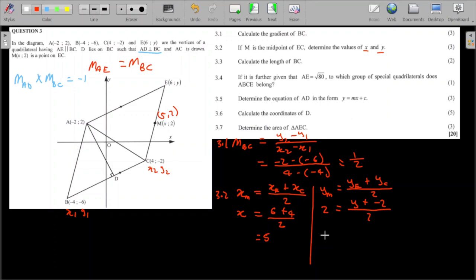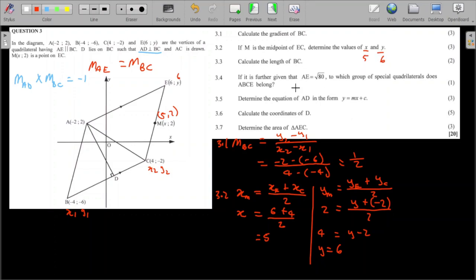Cross multiplying gives me 4 is equal to y minus 2, so y is equal to 6. So point E is (6; 6). So my x here is 5 and my y is 6.